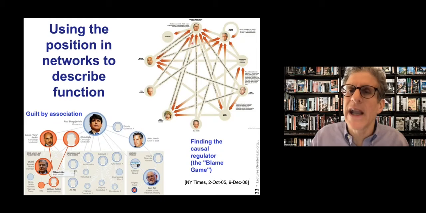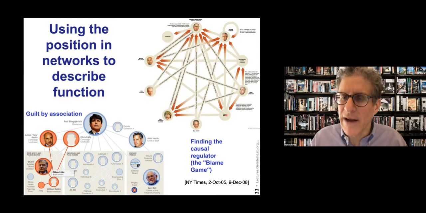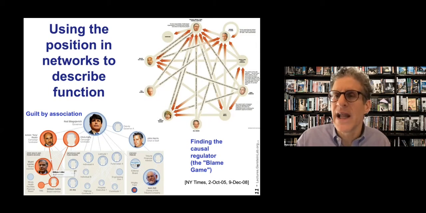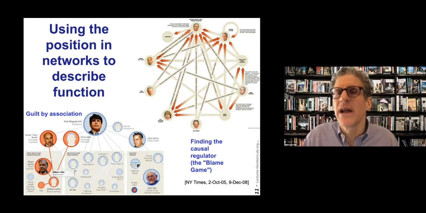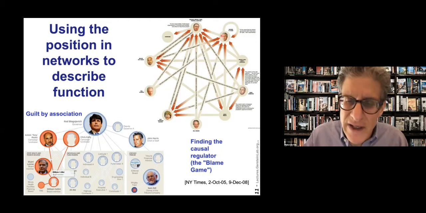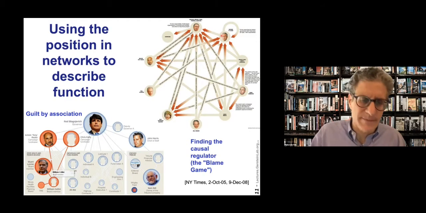If we were just looking at a molecular diagram and these people's faces were not faces of people, but pictures of molecules, what this blame game, what these arrows would show us is where the causal regulator for a process is. And that's what we often study in network science, where we just look at these connections and we say, oh, these things up here, they're somehow more regulating, or more the cause of that process.